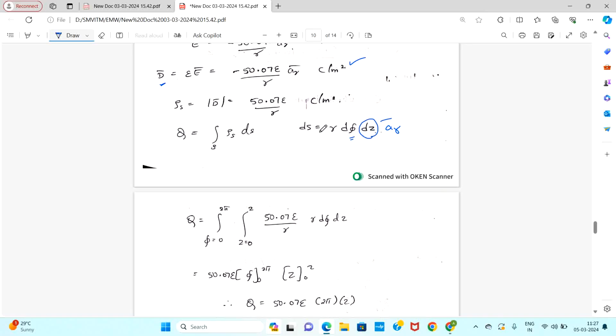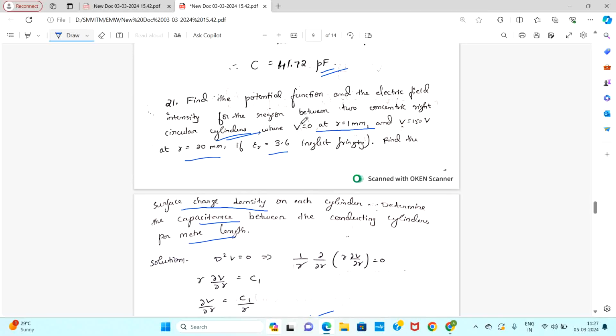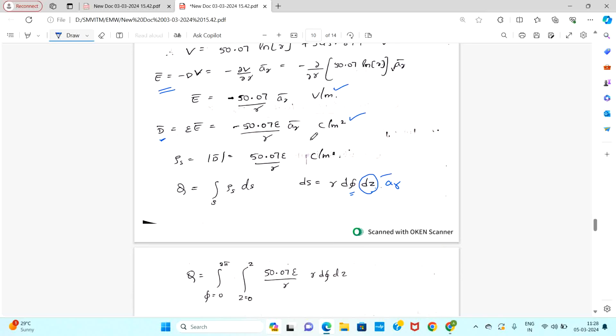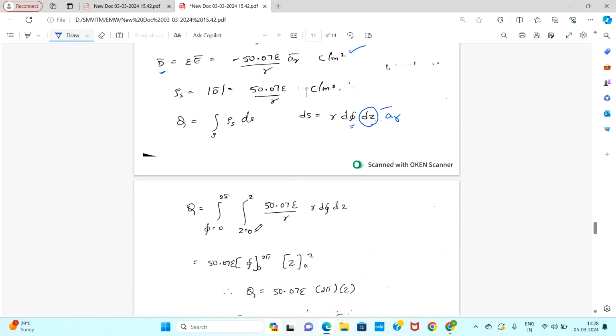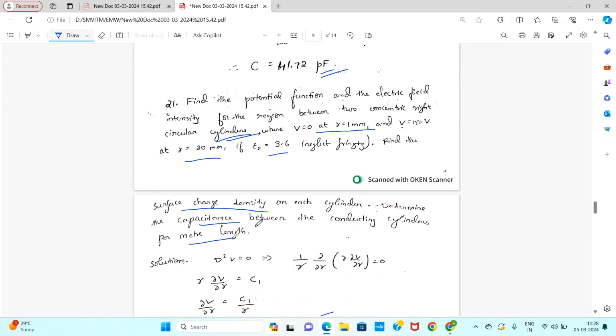For z, the limit of z, you can check the question. The data given will be R equal to 1 millimeter and R equal to 20 millimeter. So here you can just take the values of z, the length of this, as 0 to 2.